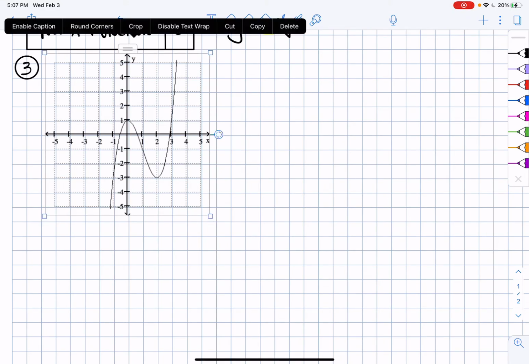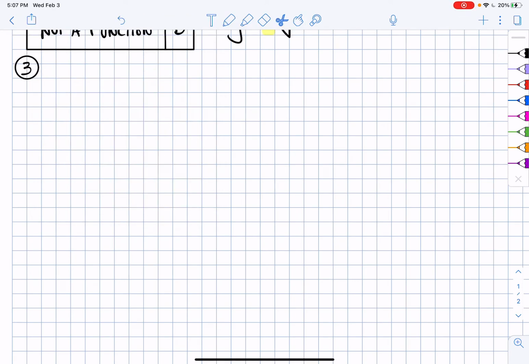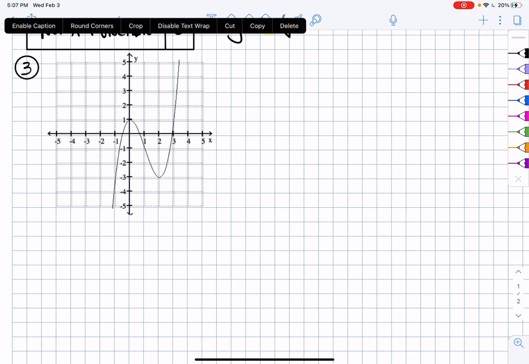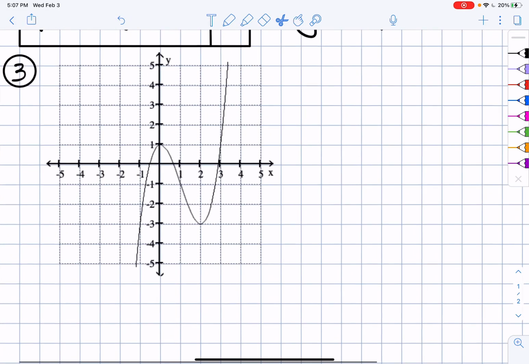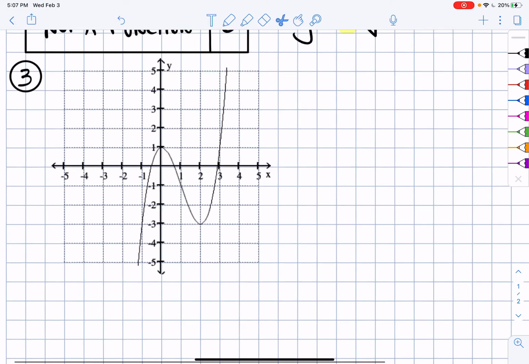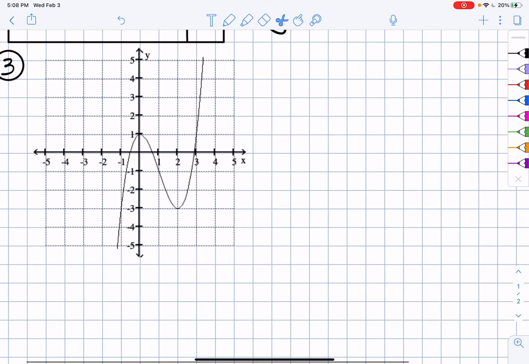All right, so this is asking for a min and a max. If I was to look at this, here's my max.